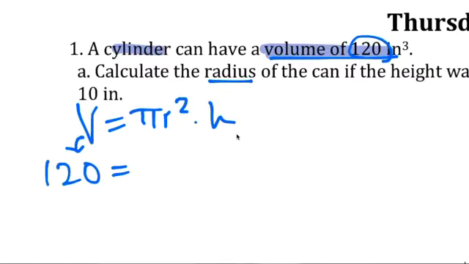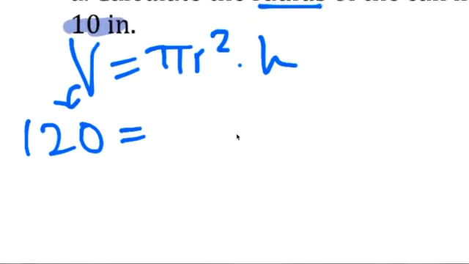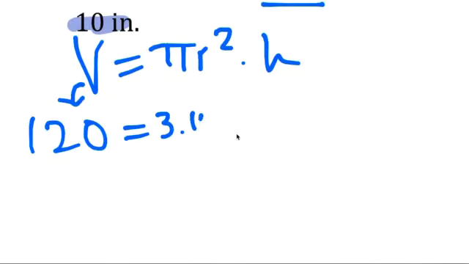So we're finding the radius if the height was 10. Height is 10. Okay, so you get pi is 3.14, forgot to put that in, times radius, which we don't know, so we're trying to find, and then times height of 10.